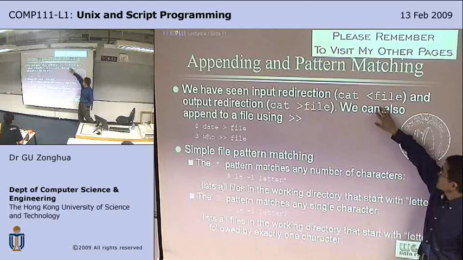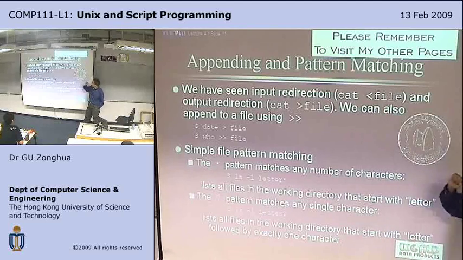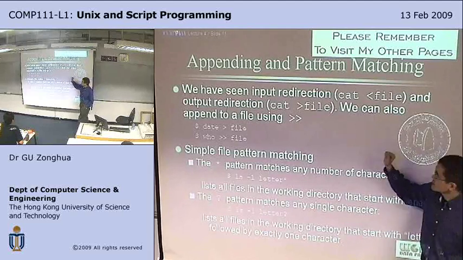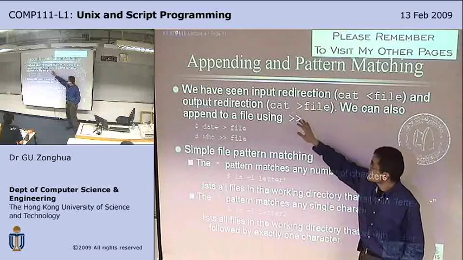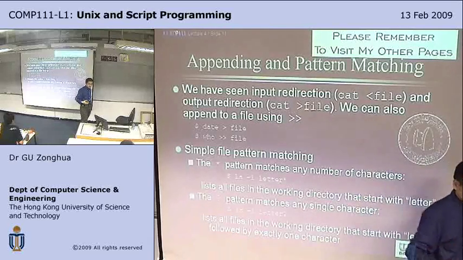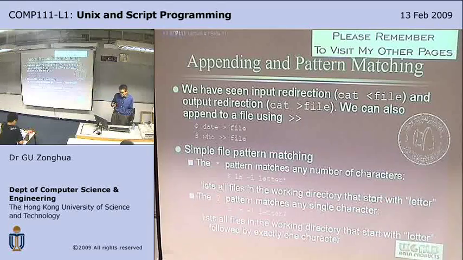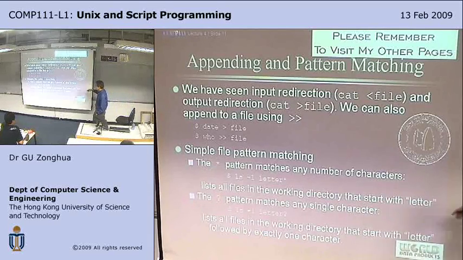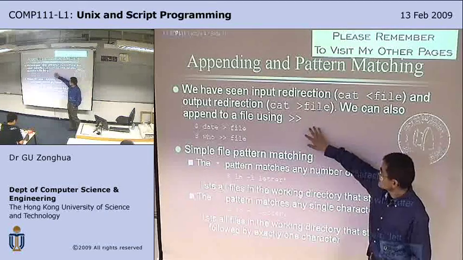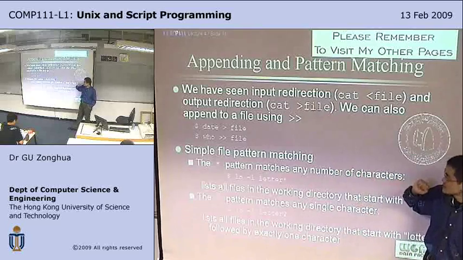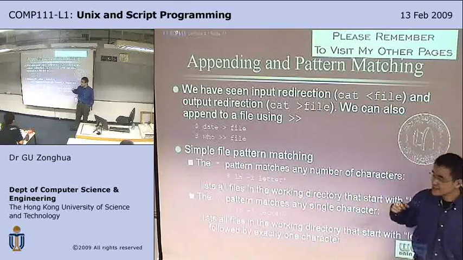You can omit the less than as a convention. And output redirection means that you place the output into a file instead of displaying it on the display. If you say double greater than, then it means appending to a file.